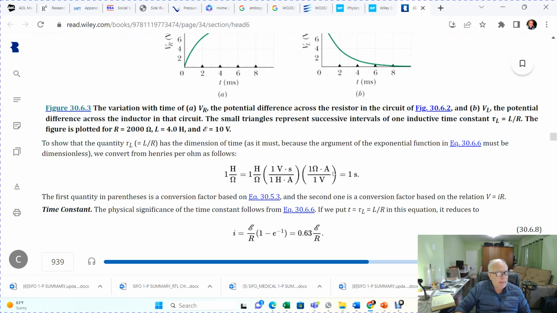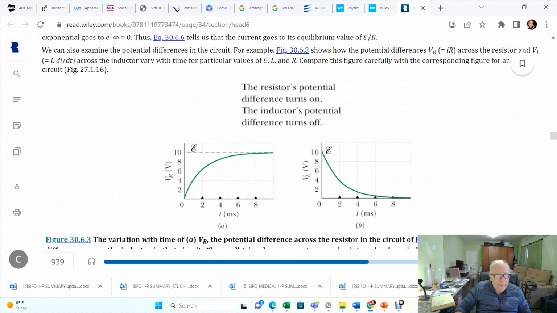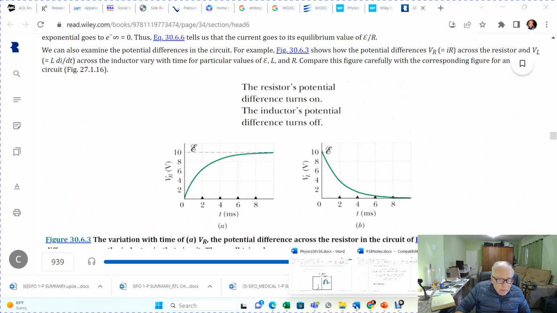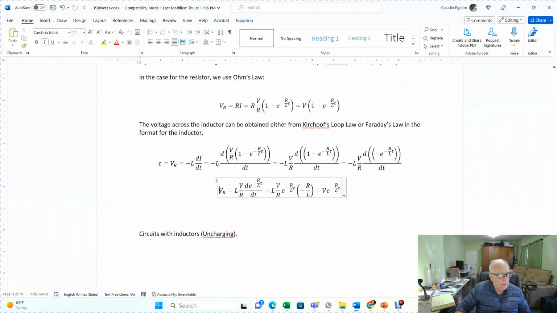Okay, and what we're going to do now is get into the other case of the circuits, whenever you are uncharging the inductor.